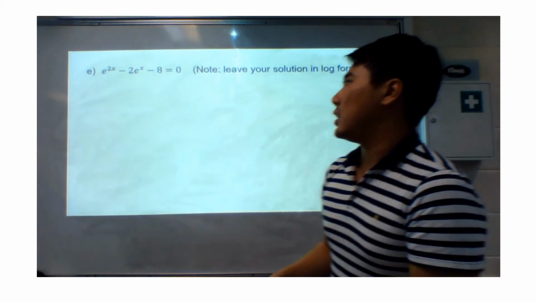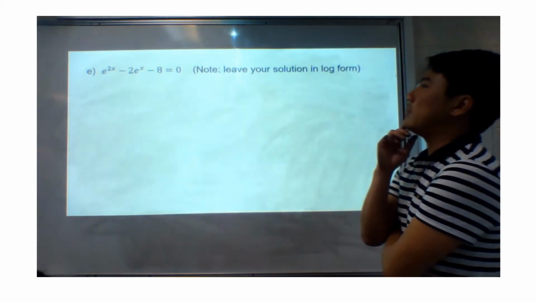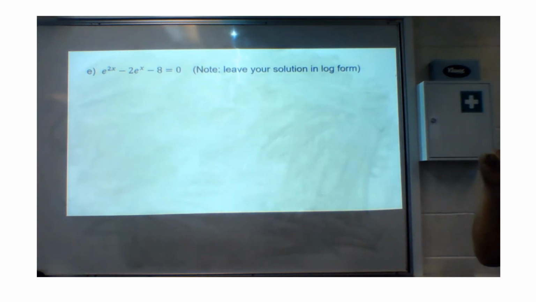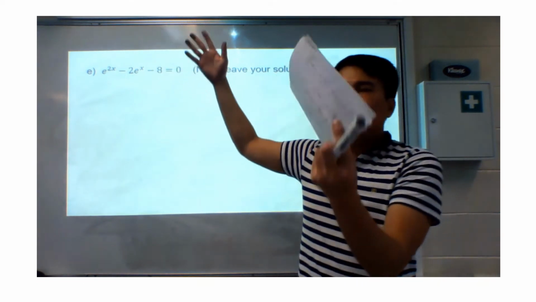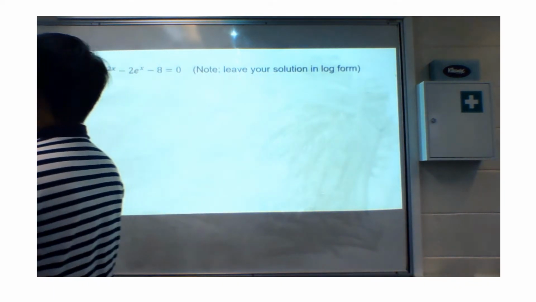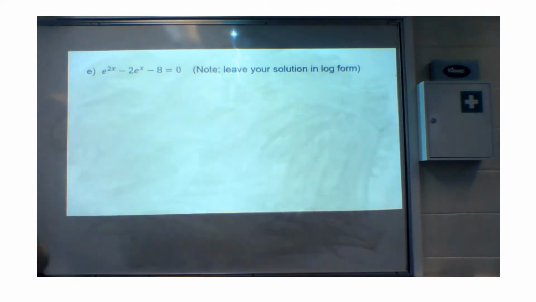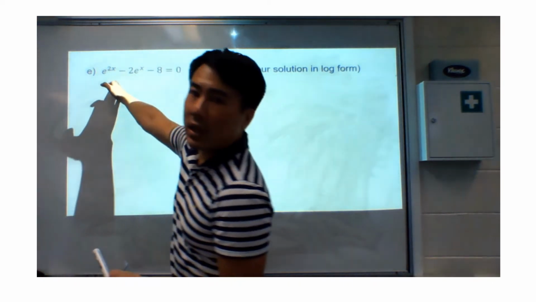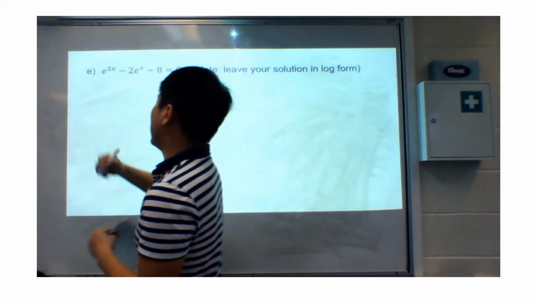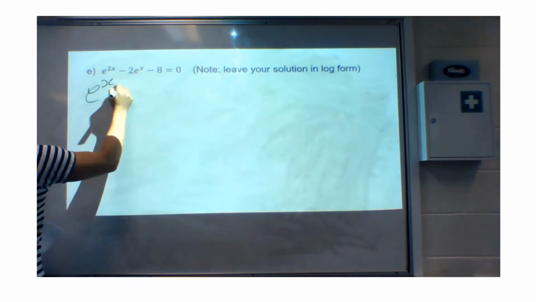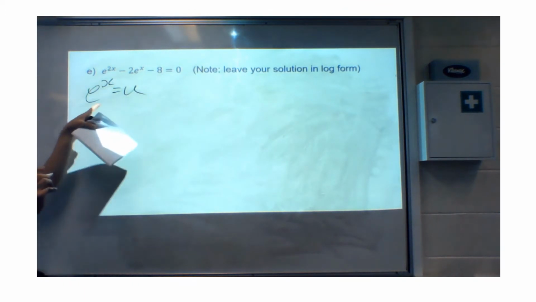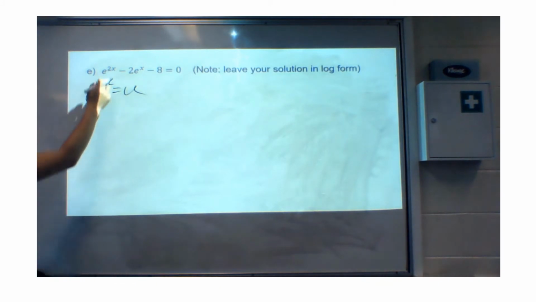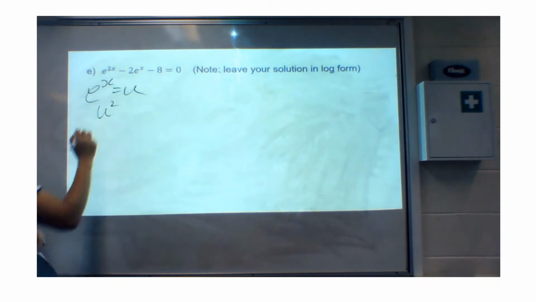But let's look at E. For this question, you have to be a little bit clever about it. If you observe this equation, it looks a bit like a quadratic equation. So what we're going to do is we're going to call e to the power of x u. That's what I'm going to do. If I call e to the x equals to u, this will become u squared, right?